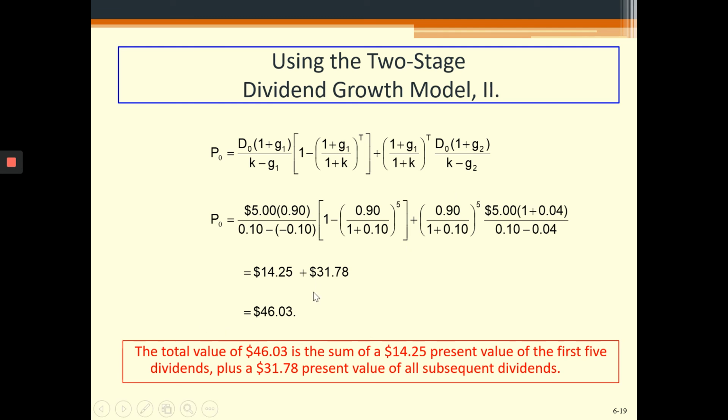Eventually we add the present value of the stock of both stages, stage 1, 14.25, plus 31.78, and the overall present value of the stock will be $46.03. You might be confused over here, so please pause the video and do this calculation by hand, and then try to understand how these numbers are coming up.